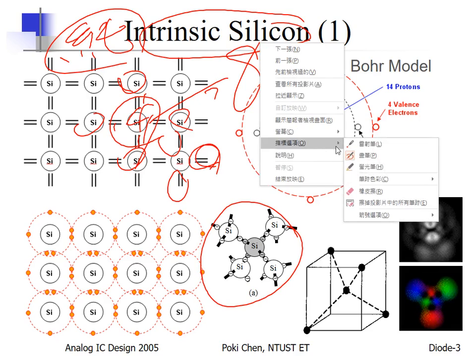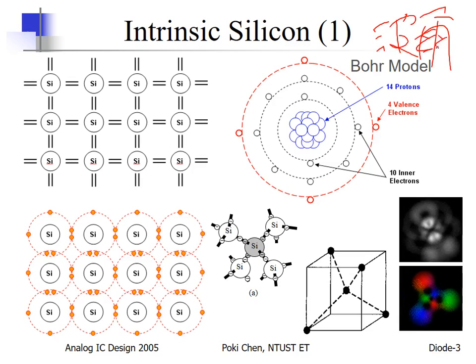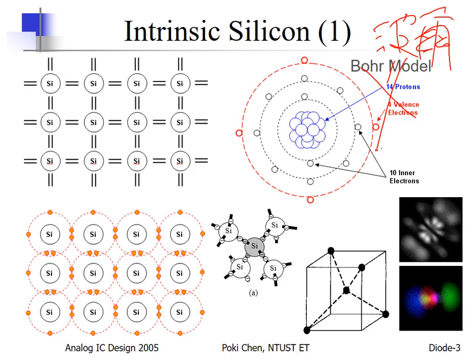According to the Bohr model, actually, the Bohr model was proved already to be totally incorrect. According to semiconductor, quantum physics, and solid-state physics, this is never correct. But sometimes it's quite easy to apply the concept to help us understand the structure of such kind of bond.